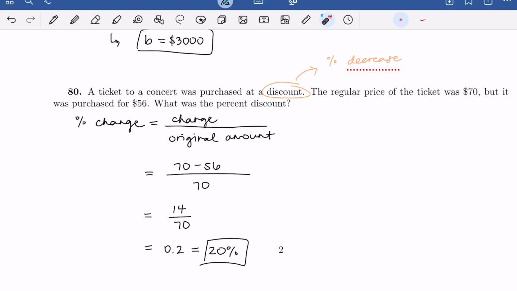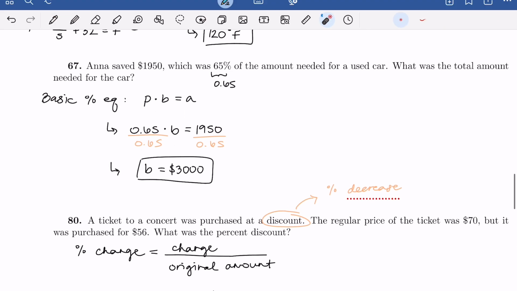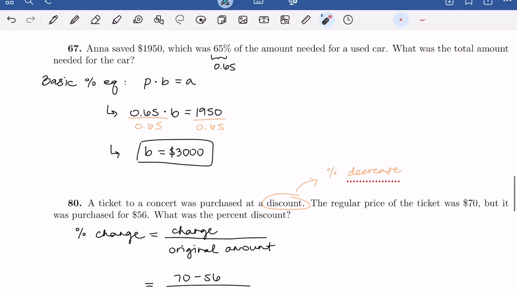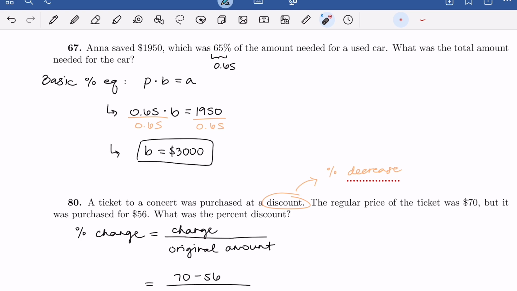Something to note here is that we could use this other equation to solve this question. We would plug in our total price, which is 70, and the portion of it, which would be 56, and then solve for this percentage. But that percentage would end up being 80%, because 80% of this 70 would give us 56.